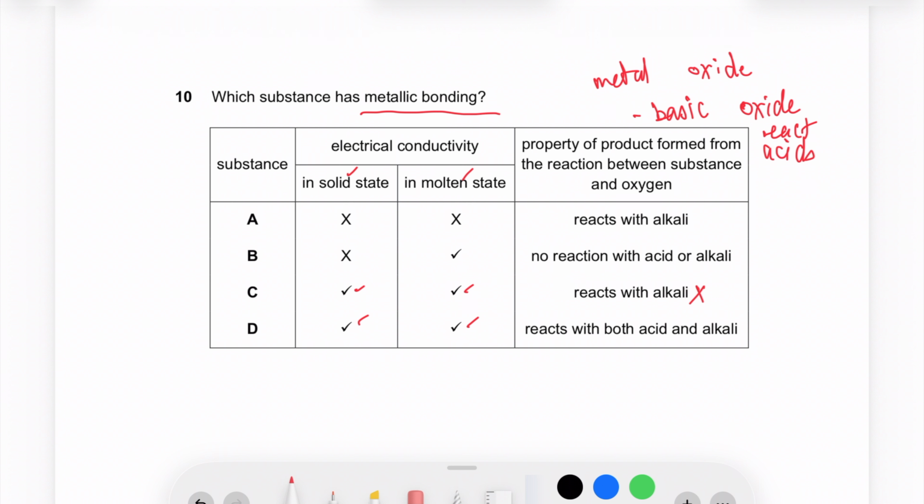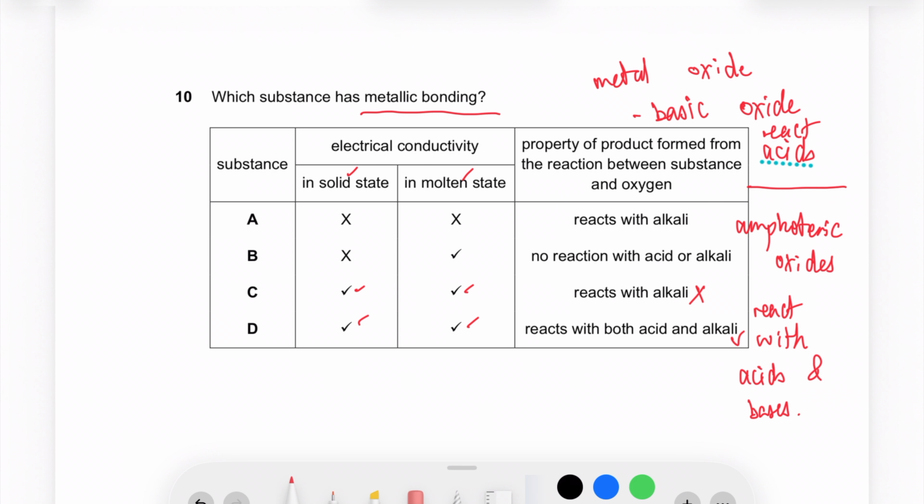Or they can also form amphoteric oxides, which will react with both acids and bases. So the best answer, I think, will be D. Okay, so question 10, answer will be D.